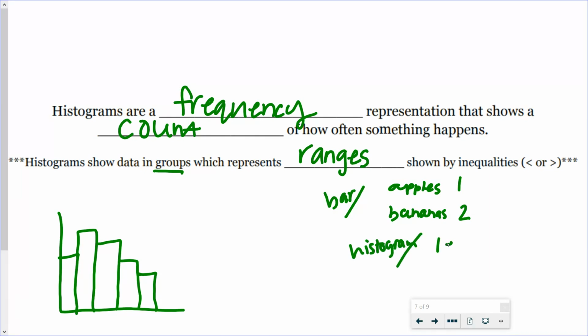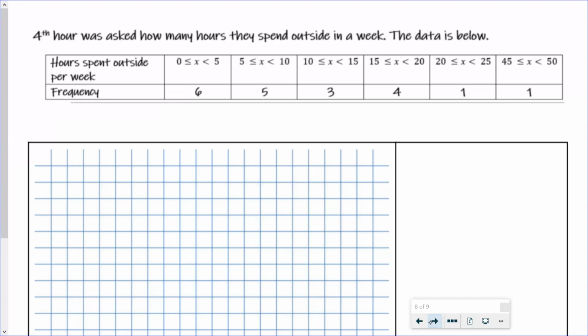Like from 1 to 5, there were 3. From 6 to 10, there were 2. Okay? So you're going to see things in ranges, and sometimes those ranges are represented with inequalities or less than or equal to signs. So we're going to work together to build a histogram.